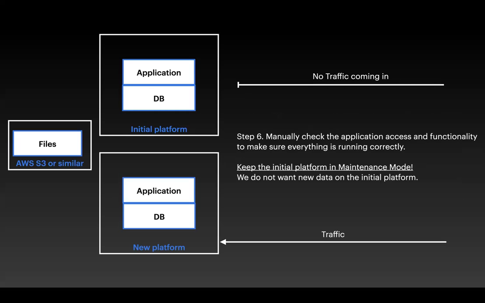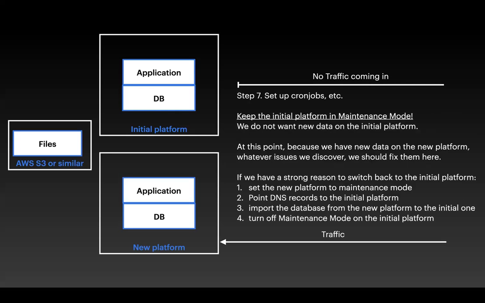If you find any issue at this point, for example something not working, whatever detail, or a dependency not working which needs to be fixed, and you have to touch the code or update something, update it and deploy again, but do not switch to the initial platform.